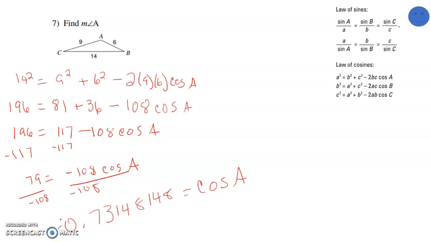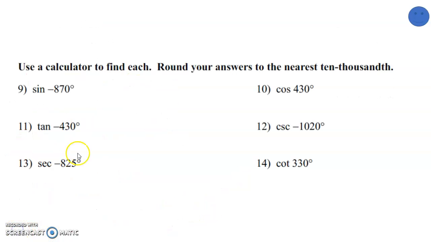So now we've got to take the inverse cosine, or cosine to the negative 1, and that is going to give us 42.9, which rounds all the way up to 43 degrees equals angle A. Okay, now these guys right here, you just shove those into your calculator or go on to Desmos and you'll be able to do those just fine.